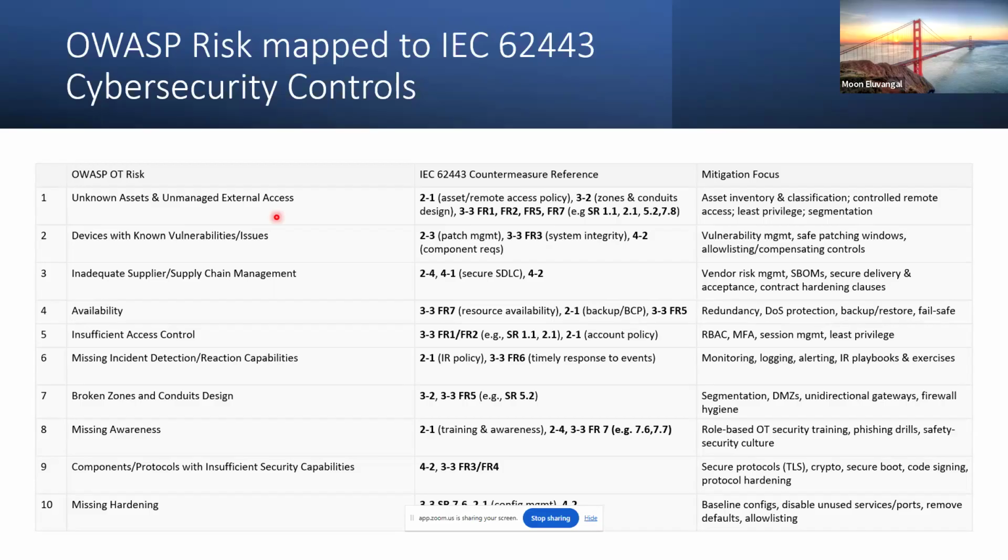So that is a very common risk, and along with that, unmanaged external access, which is very common in this industry when somebody from the OEM side comes in. Many of you might not be familiar with what I mean by OEM.